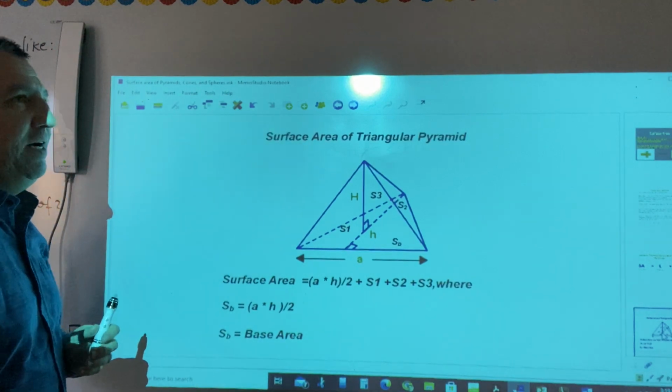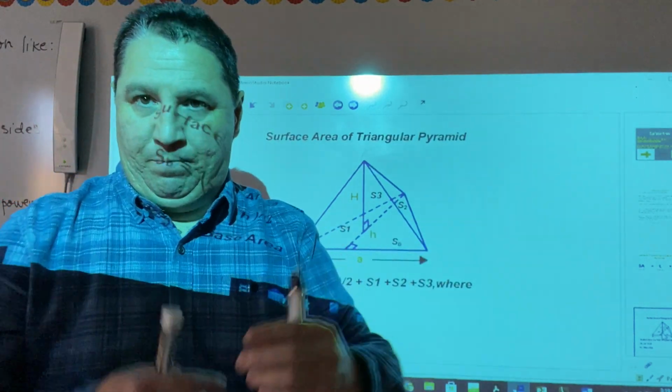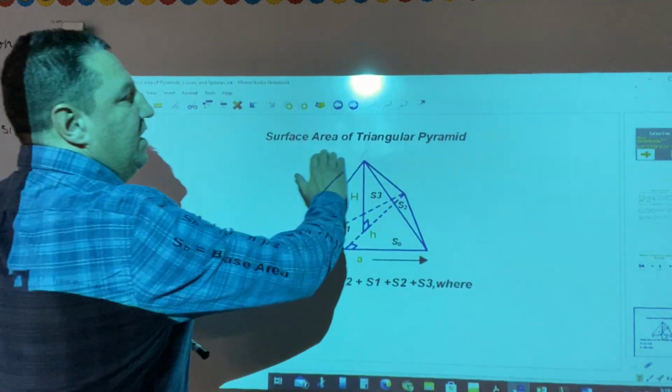Now, the first type of pyramid is the triangular pyramid.